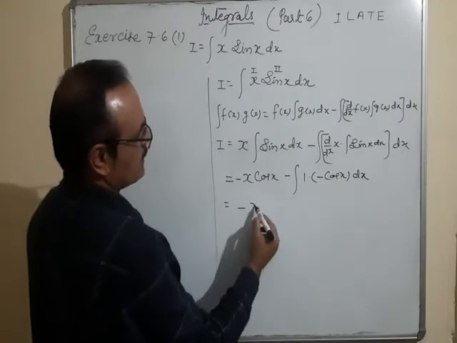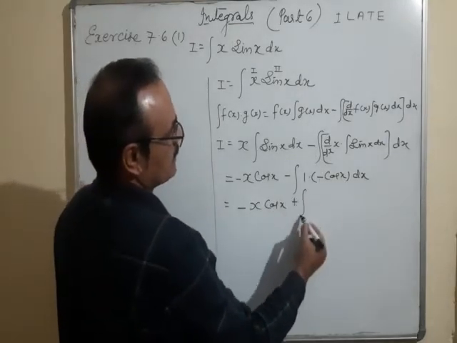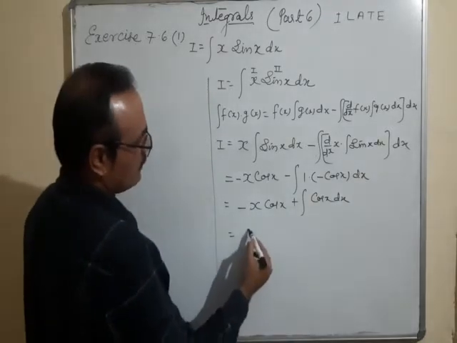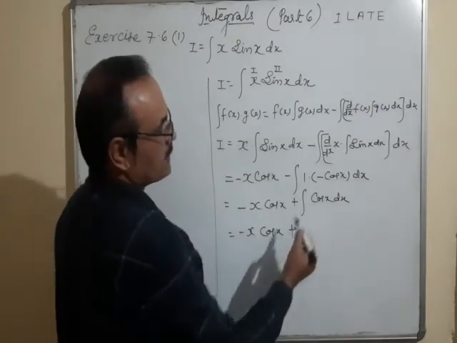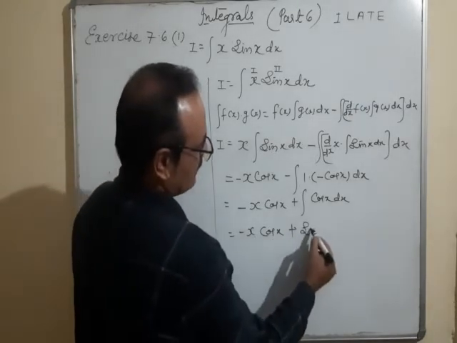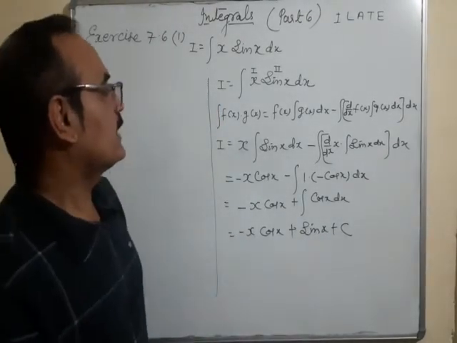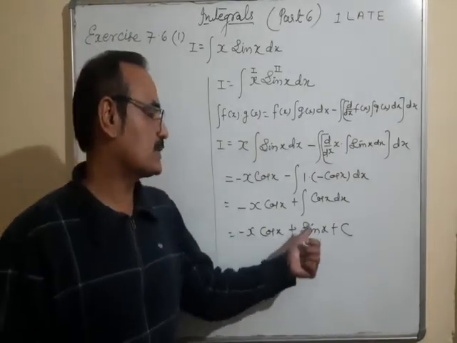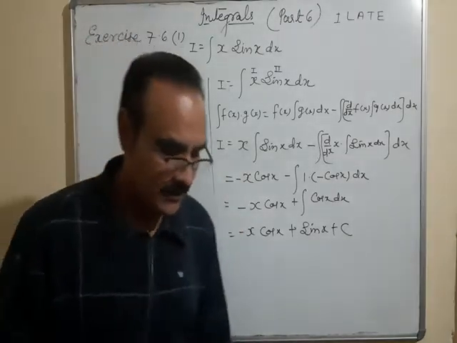So it is minus x cos x, and minus into minus is plus, cos x dx. So that means minus x cos x plus integration of cos x is sin x plus c. Okay. So that is the integration of x sin x: minus x cos x plus sin x plus c. Understood? This is the procedure.